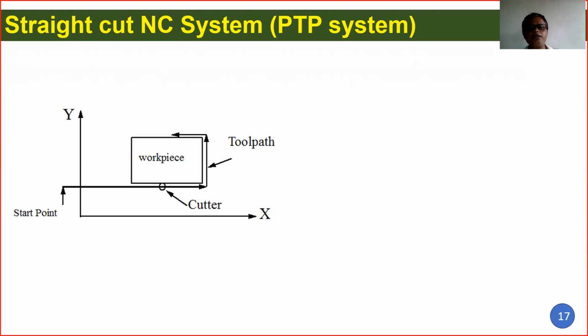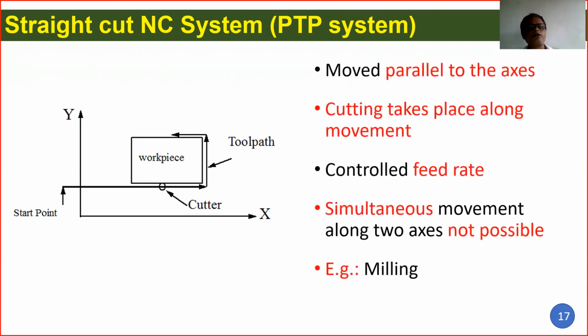So this is regarding the straight cut NC system. Again, the salient feature of this control system is that it moves parallel to the axis. Cutting takes place along the movement. That is important. When the tool is moving from one place to another place, the cutting takes place, which was not the case in PTP systems.